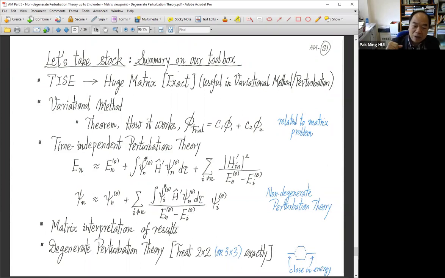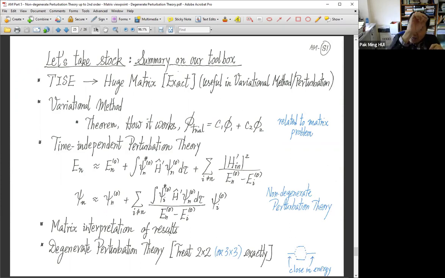Then we derive formally first and second order correction in perturbation theory, and the result tells us it is non-degenerate perturbation theory. We also get the first order correction to the wave function. Then we understand these results using the big matrix, ignoring all the off-diagonal elements. It is first order in energy.